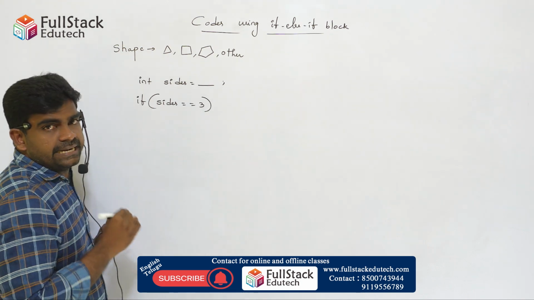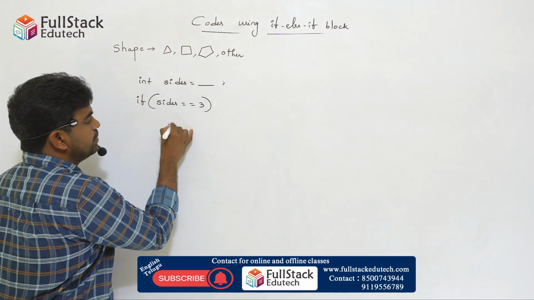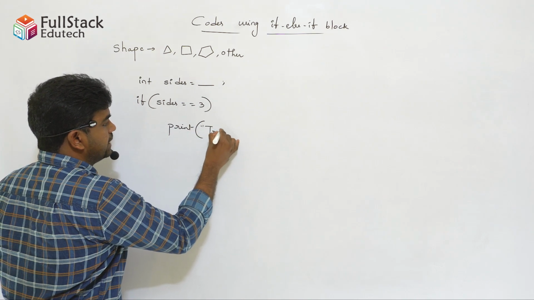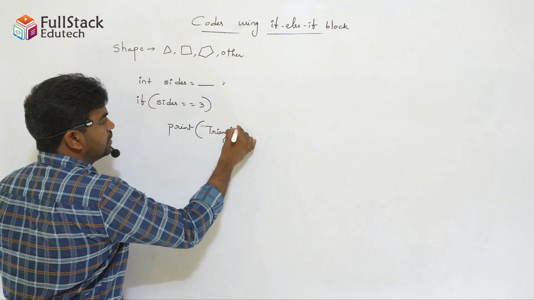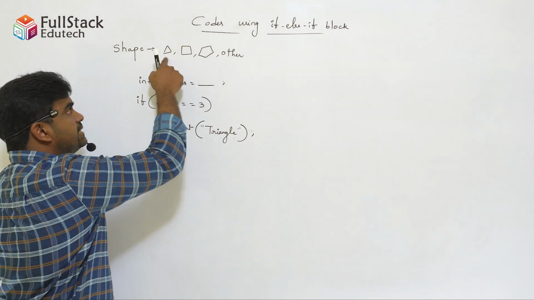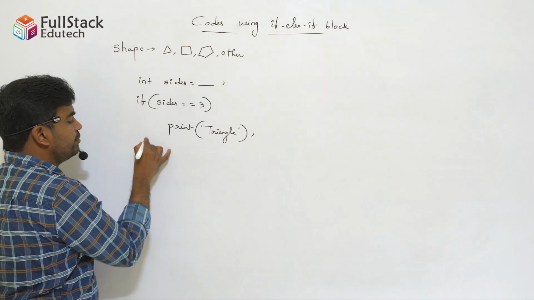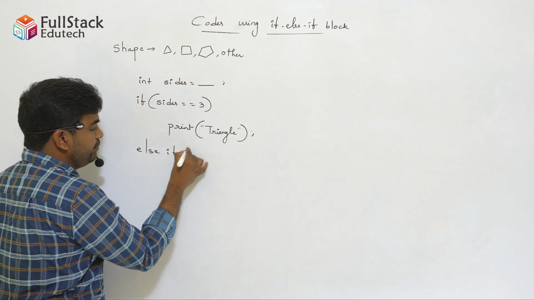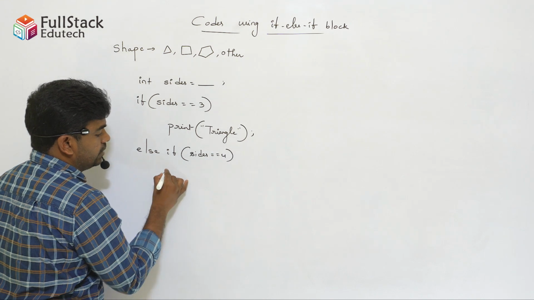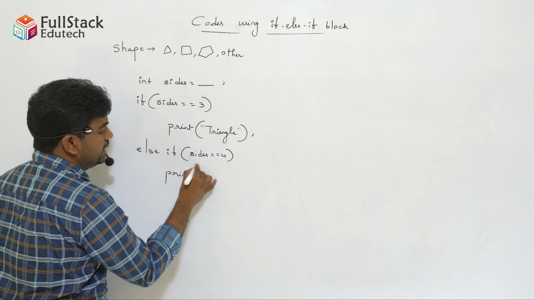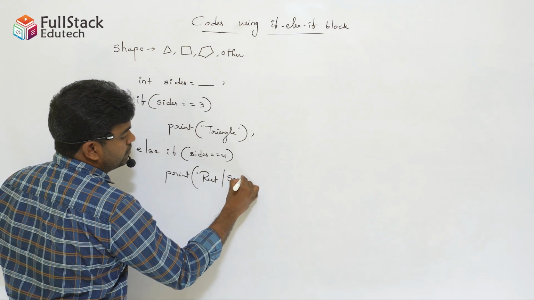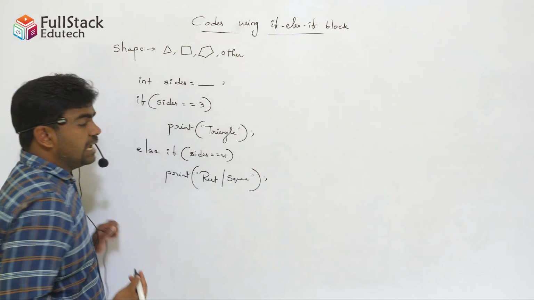then simply you can print, it's a triangle. Suppose the first condition failed, then we write the code for the second condition. Else if the number of sides is equal to 4, then you can say either rectangle or square, because both have 4 sides.